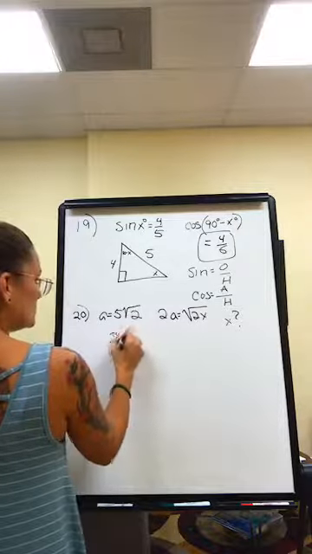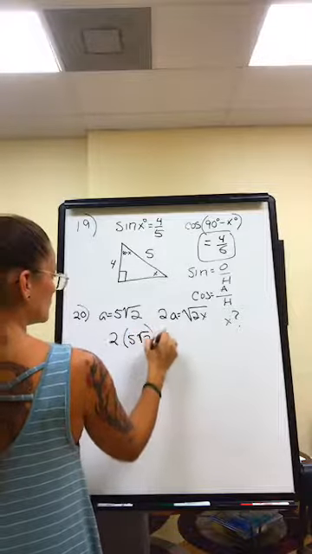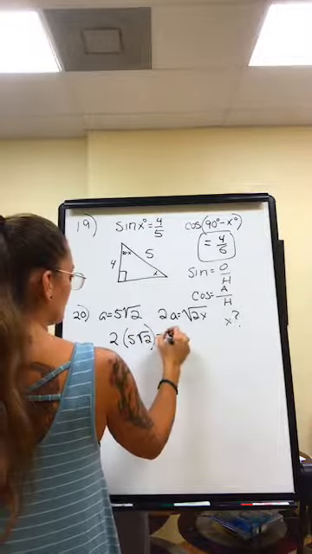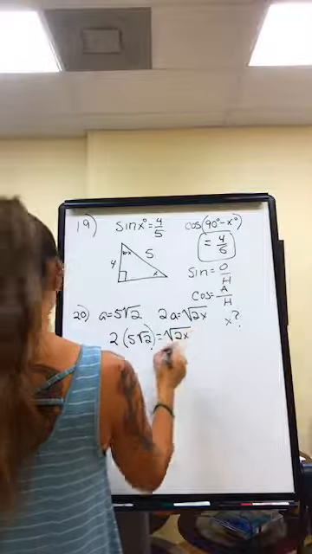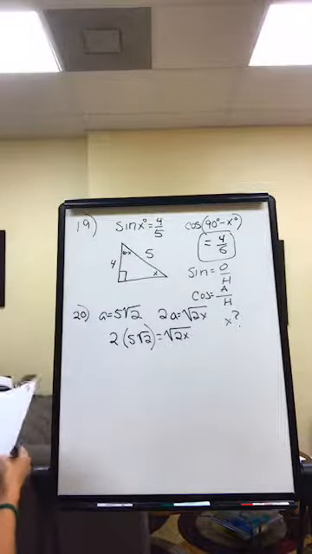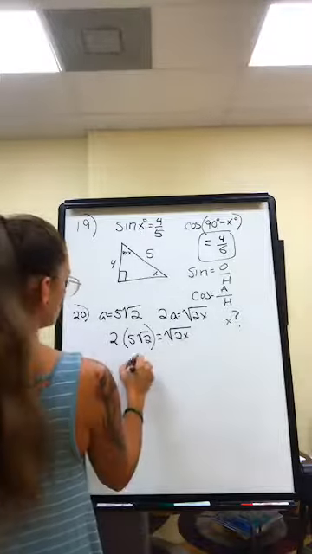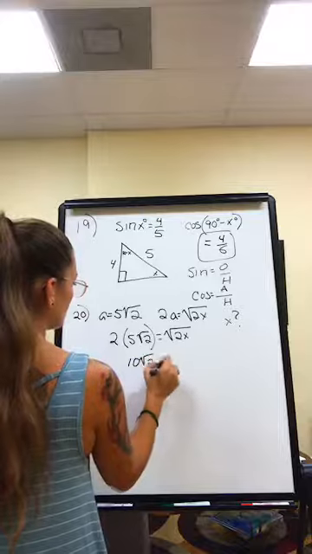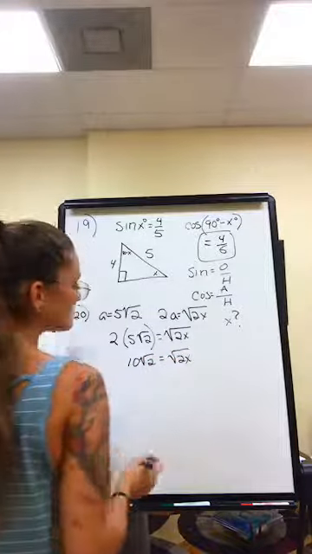So 2 times 5 radical 2 equals radical 2x. I'm going to distribute this 2 first. So I'll have 10 radical 2 on this side equals radical 2x.